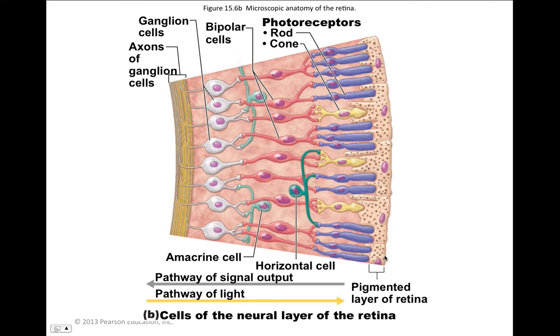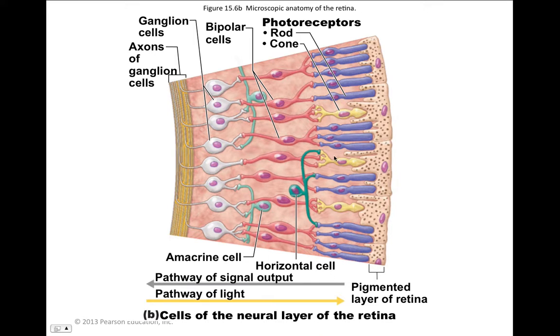Okay, so the light will come in from here, bypass the ganglion cells, bypass the bipolar cells, and will be stimulating the rods and the cones. So light will pass through those cells, those neurons, because those neurons do not have the receptor available to perceive light. They don't have that communication capacity.